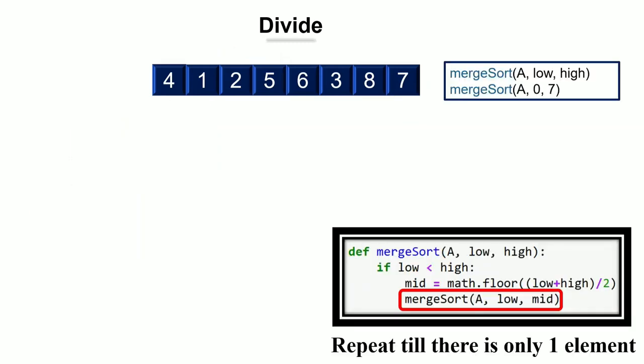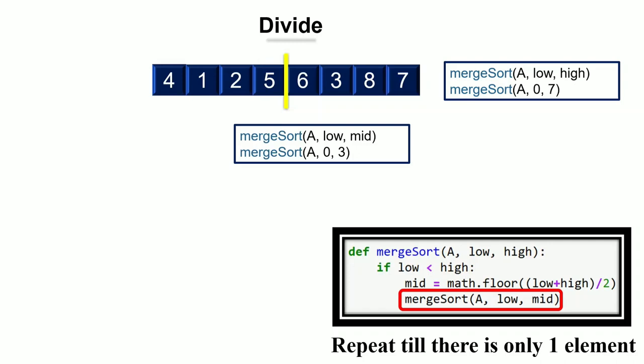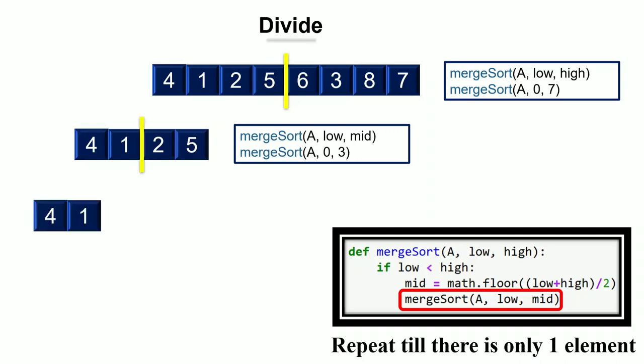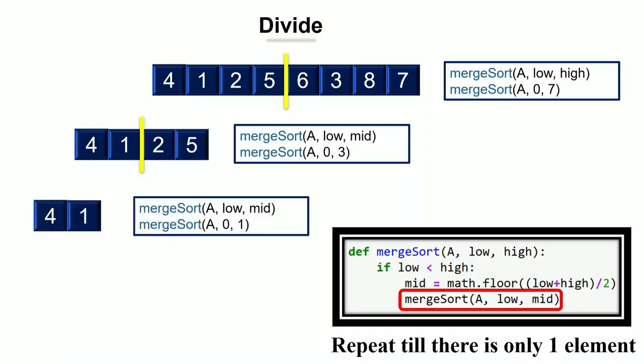Let's see what are the functions that are called. Merge sort on 0, 7 finds the mid value and calls merge sort on 0, 3, which again finds the mid value and calls merge sort on 0, 1. Please note it's the same line that is being repeated over and over again in the recursion with different values of mid alone.